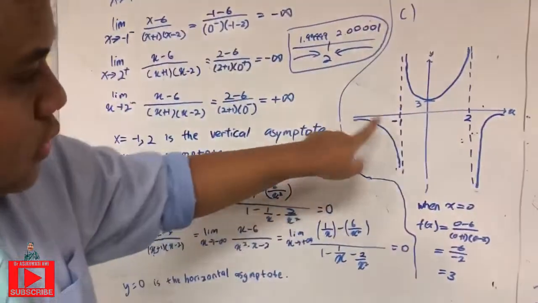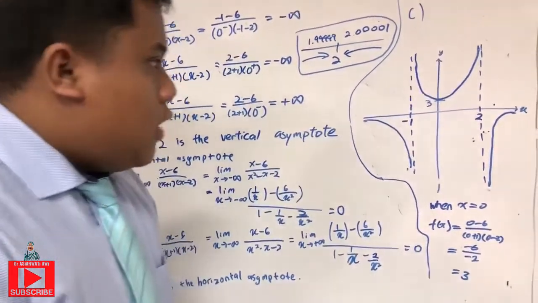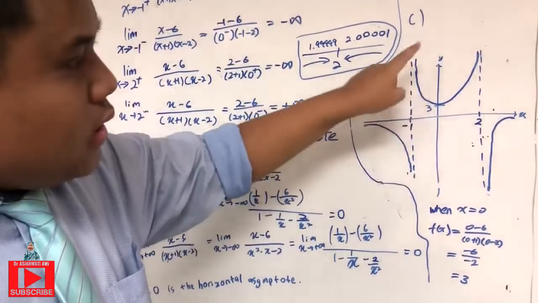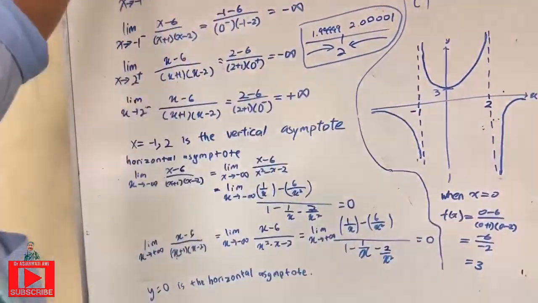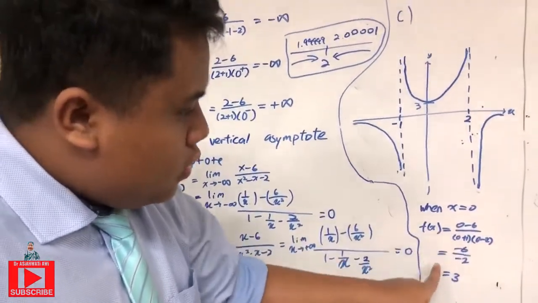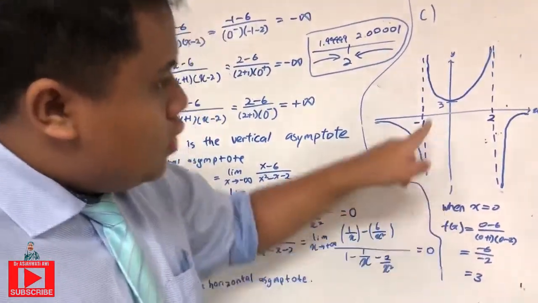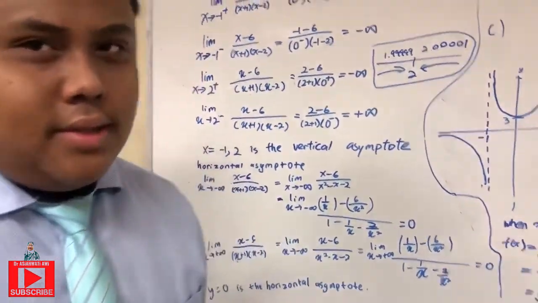So we sketch it. Since this touches the y-axis, as you all know, if anything touches the y-axis, x equals 0. So we substitute 0 into this equation, and f(x) will equal 3. So we put 3 as the crossover of the y-axis.